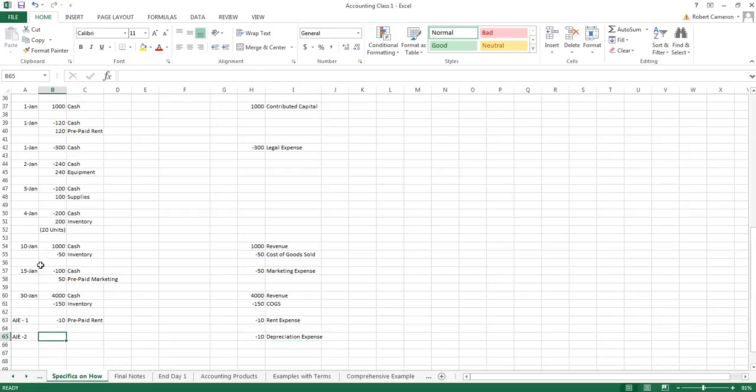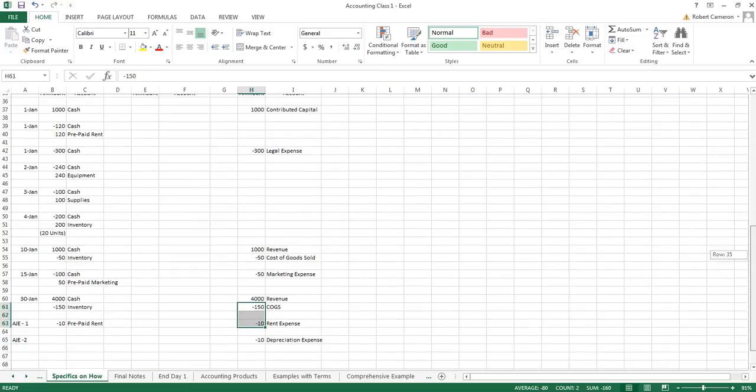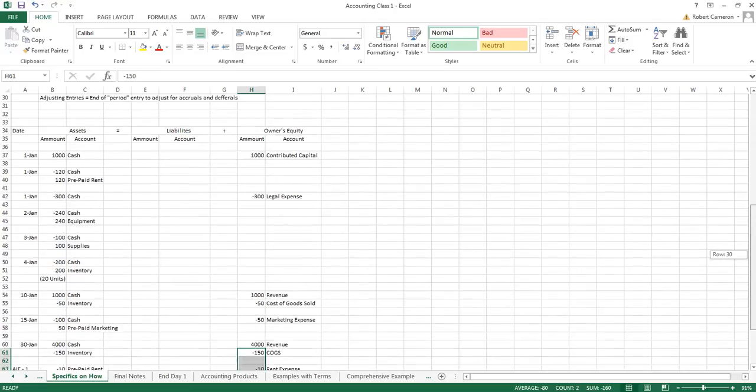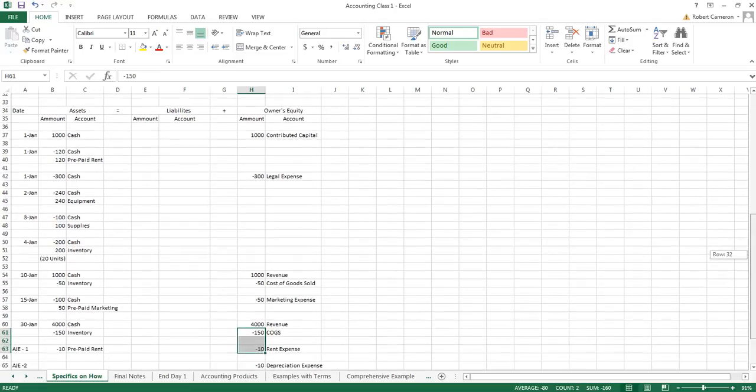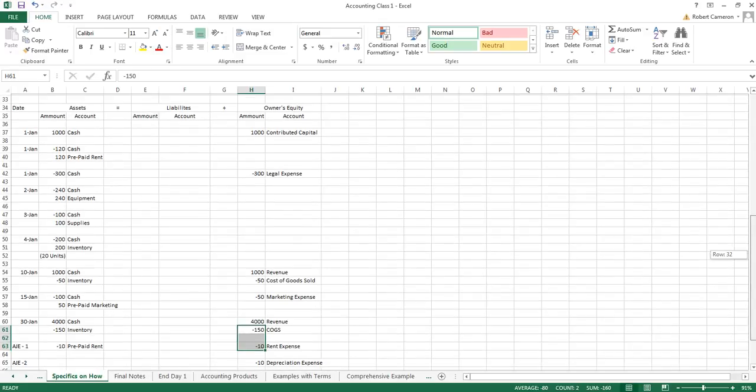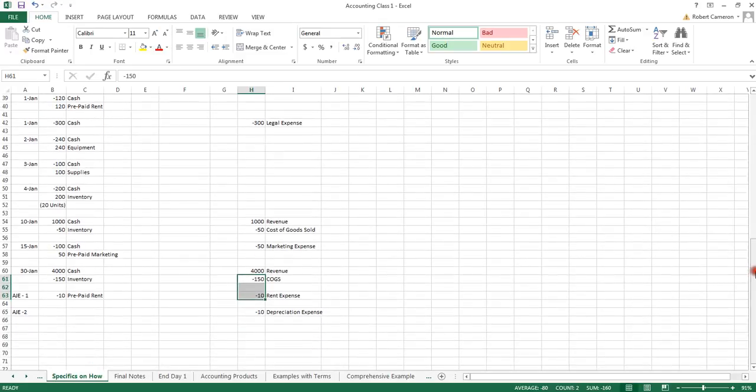So -10, it's a depreciation expense. Again, expenses are negative. Why? Because expenses are taking out of equity. The owner can't claim a business if some expense happens. So expenses are negative. So it's depreciation expense, the asset's depreciated.